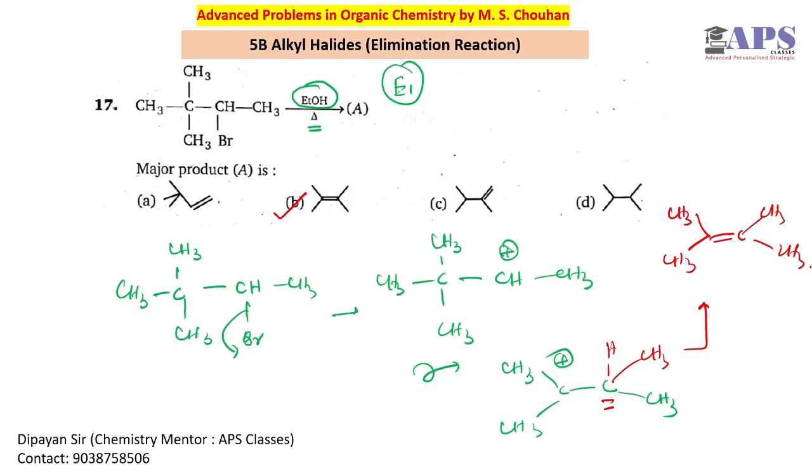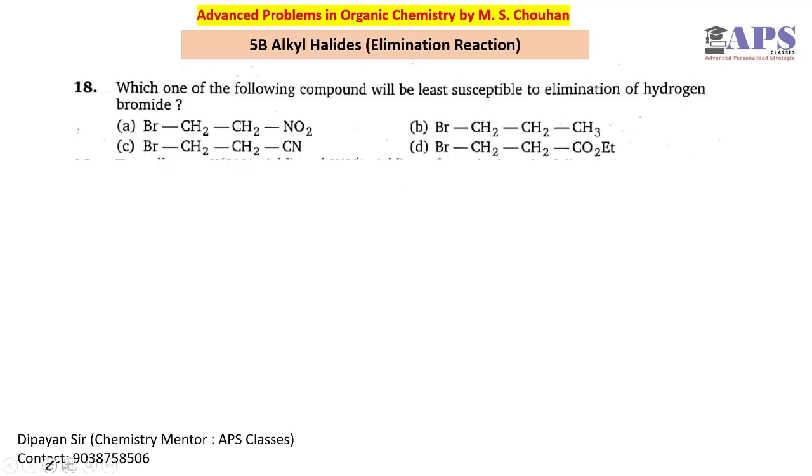In question number 18, you have to find an E2 reaction where the compound is least susceptible to the elimination reaction. So elimination is not that much possible or favorable.